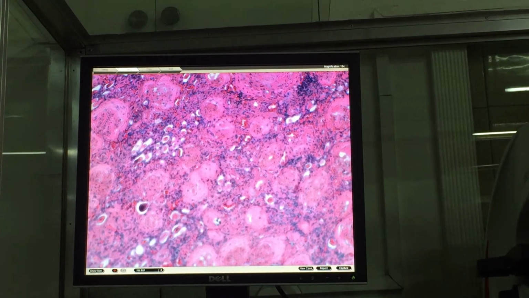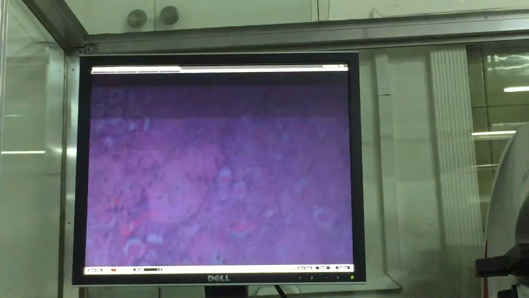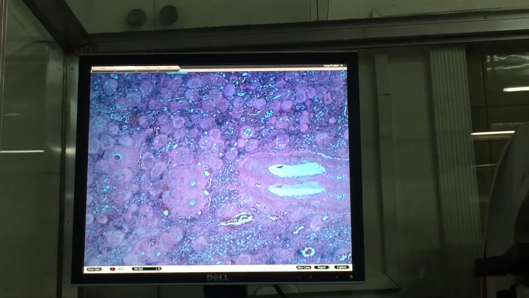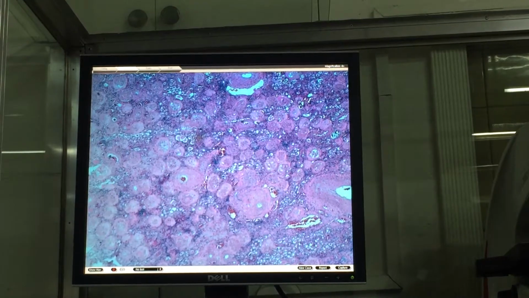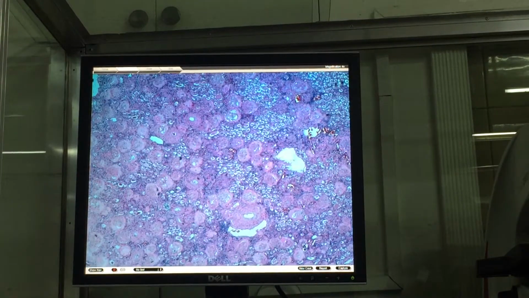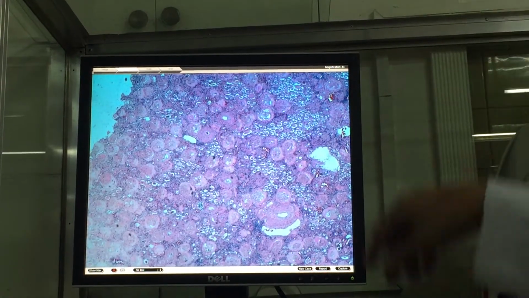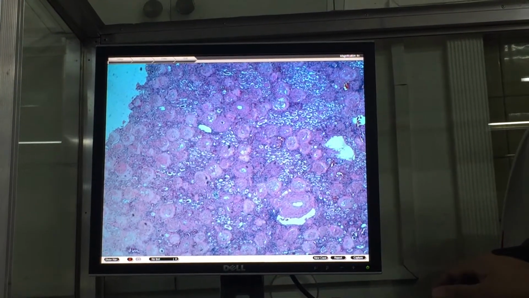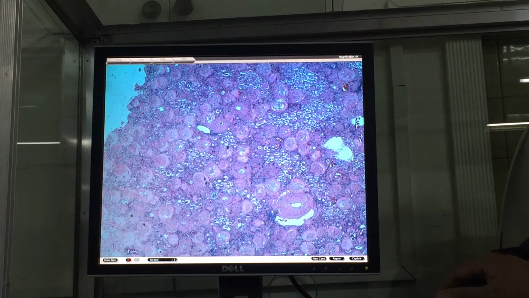Okay, at this magnification, this is a scanning magnification. See, this is the cortical area of the kidney, and those round hyalinized areas are actually your glomerulus.